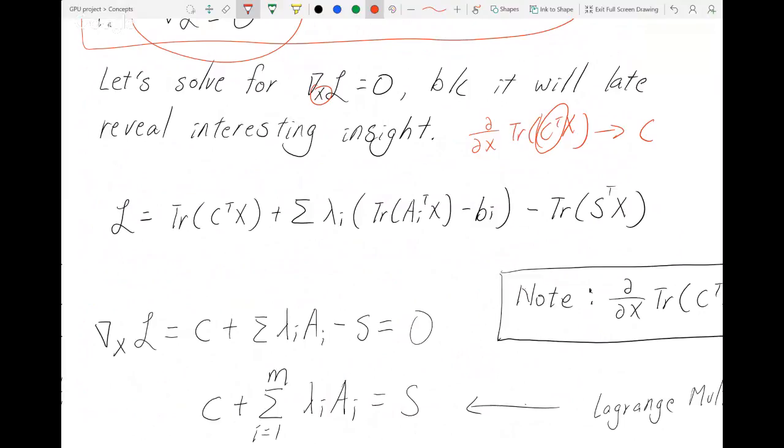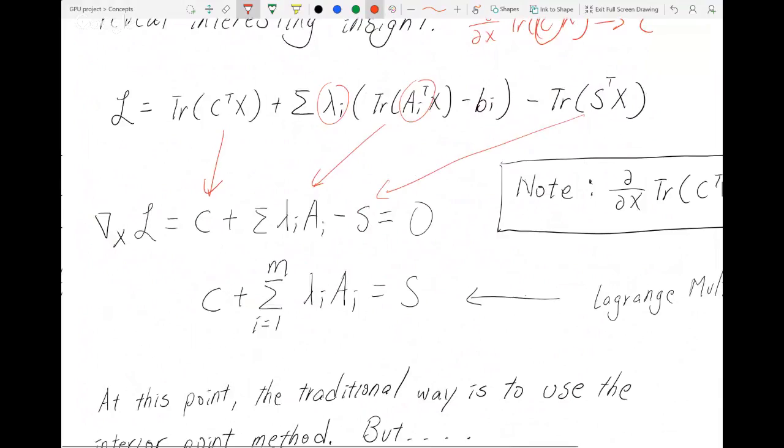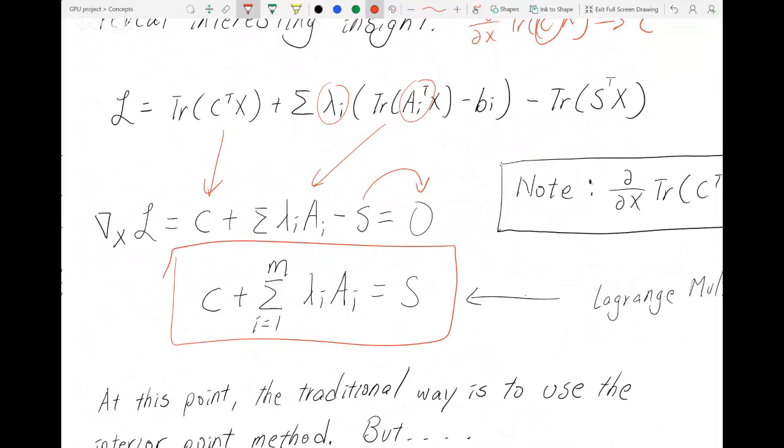But in any case, notice how this became C. This is a constant. That just comes here. And this becomes S. And that's the gradient. That's it. And once you have that, oh yes, this is the Lagrange multiplier. So we want to move this over here. And now we have an equation that essentially tells us what S is.